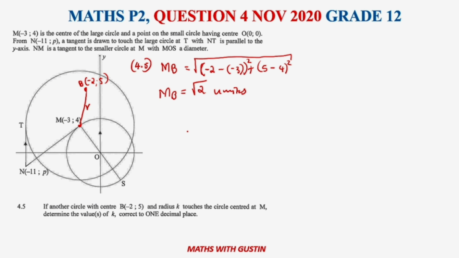So that's the radius of the circle that was formed. This is equal to the radius. Therefore, having that in mind, now they want us to calculate the k value.